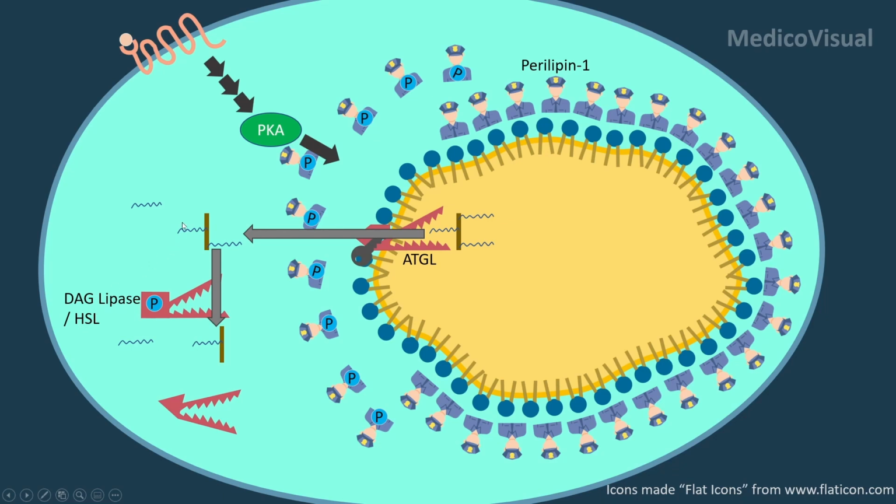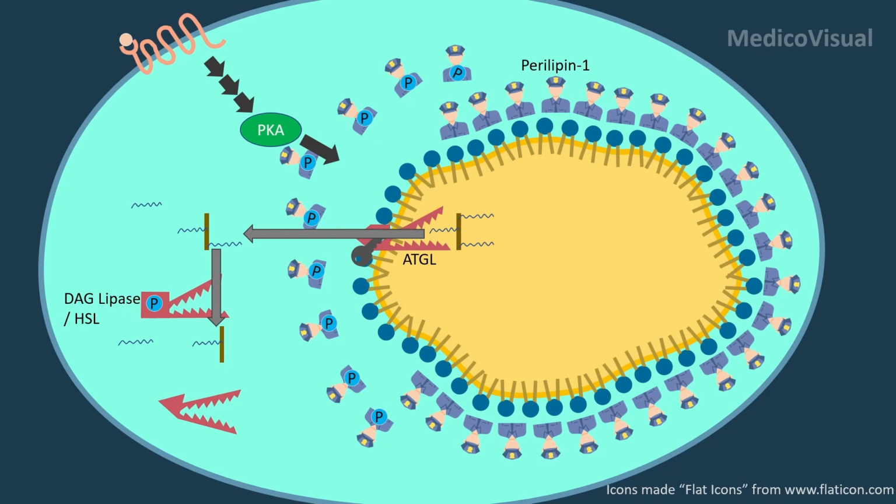But remember, almost every lipase inside the adipocyte is hormone responsive, it is hormone sensitive, but traditionally diglyceride lipase is the one that is called hormone sensitive lipase. So if someone asks you what hormone sensitive lipase does, you should say that it acts on diacylglycerol of the lipid droplet and converts it into monoacylglycerol and free fatty acid.